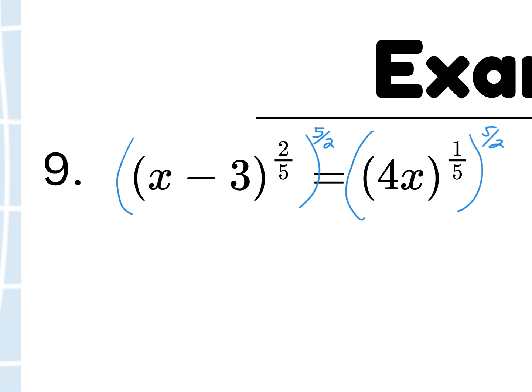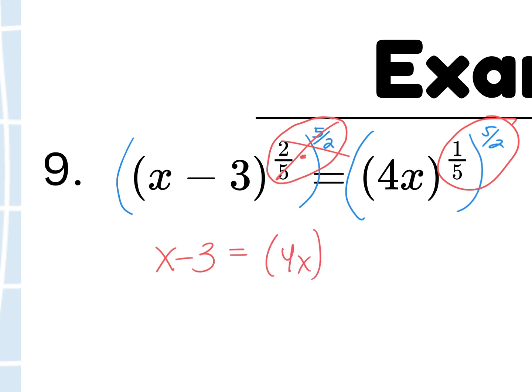When you raise a power to a power, what do you do to those two things? They're going to cancel because you're multiplying, right? So if I multiply these two together, what's 2 times 5? 10 over 2 times 5 is 10. So they cancel out, right? So this leaves you with x minus 3 equals, raise your power to a power, 4x to the 5/10, which is 1/2, okay?